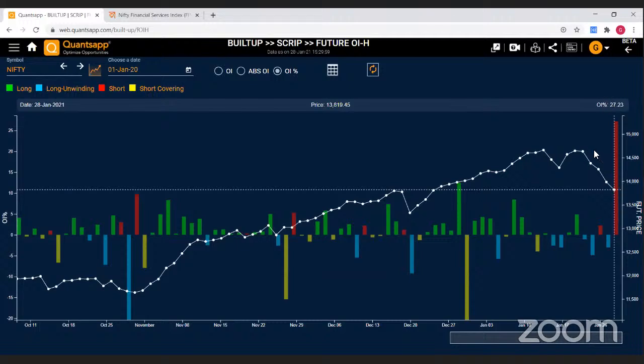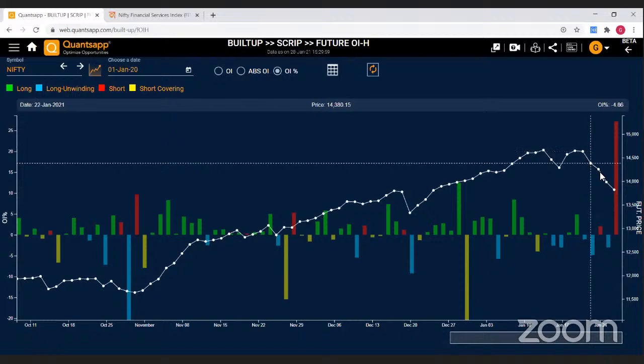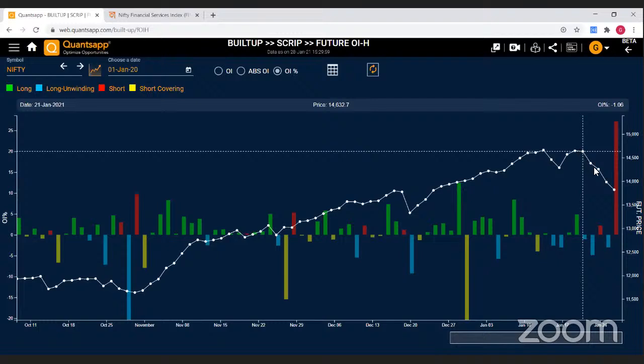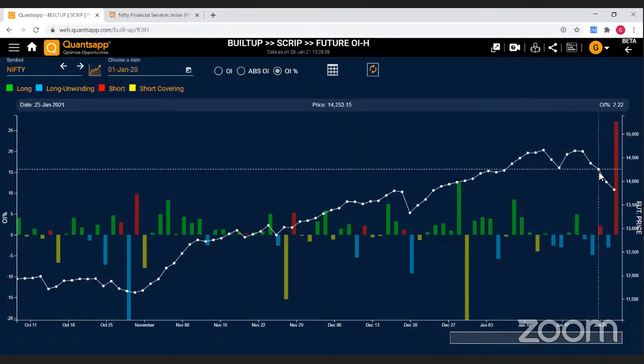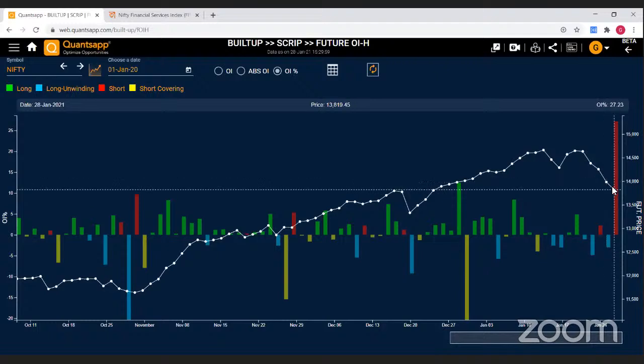And you can see the continuous fall in prices in the last almost five trading sessions: 21st, 22nd, 25th, 27th, and 28th.